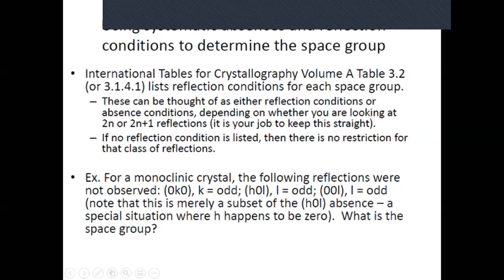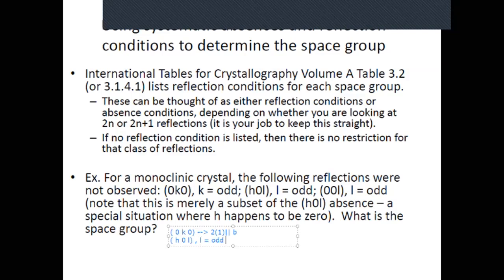So if we look at all the different operators here, if we have a 0K0 and it's odd, this means it's a 2 sub 1 parallel to B, because 0K0 where K is odd means it's a twofold 2 sub 1 parallel to B. And then we have an H0L where L is odd.